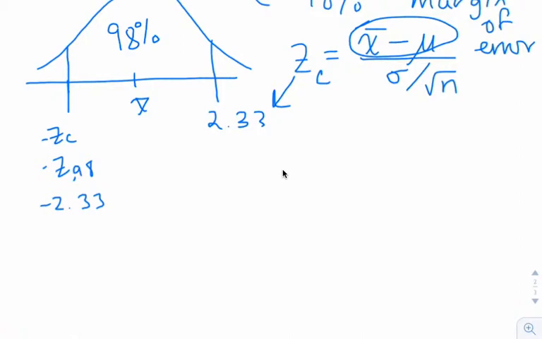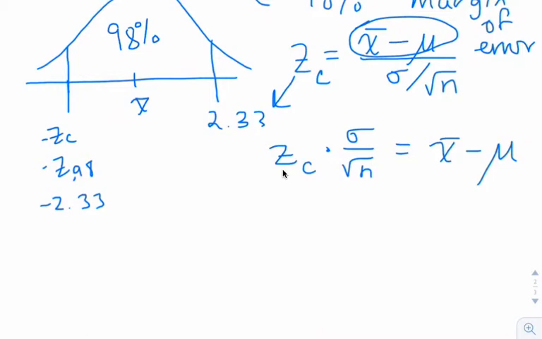Okay, so let's see. If I would like to get just the numerator, I have to get rid of this denominator. I'm going to multiply both sides by sigma over the square root of n. So that means I get ZC times sigma over the square root of n, and this is x bar minus mu. Great.